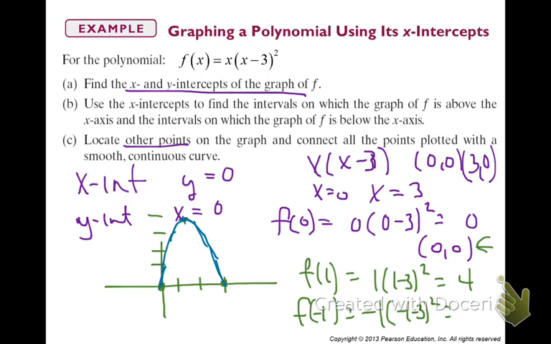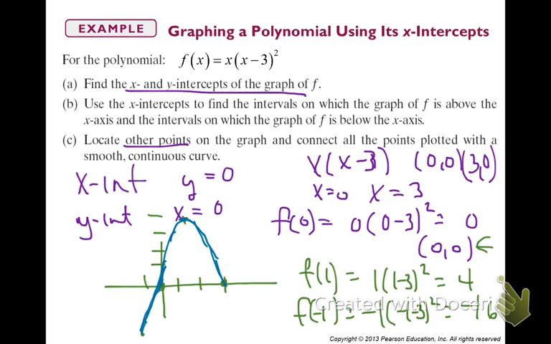Negative 4 squared is 16. 16 times negative 1, negative 16. All right, so at negative 1, we're way, way down here at negative 16. I don't have enough room. Okay, so let's connect. So that means we're coming up.